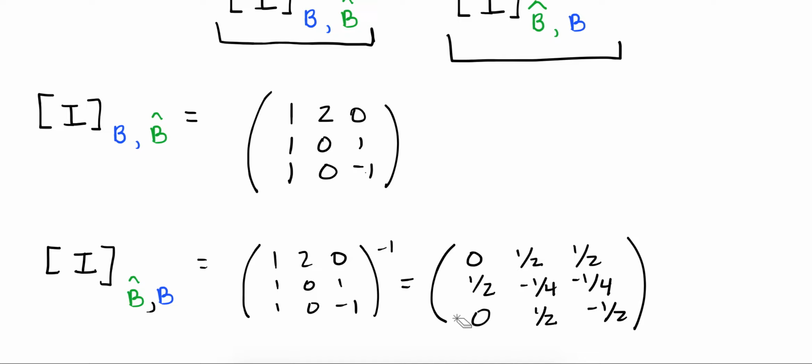So if you take the inverse of this matrix, now you can use a computer program to figure that out, or you could use what we learned earlier in the semester to find the inverse.